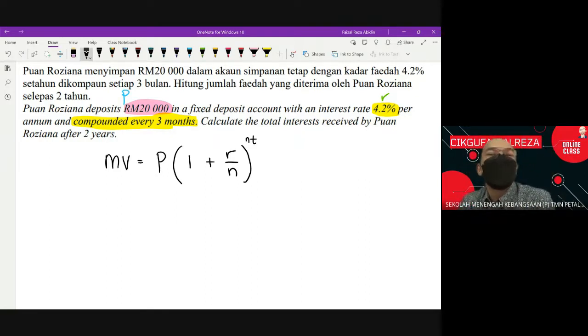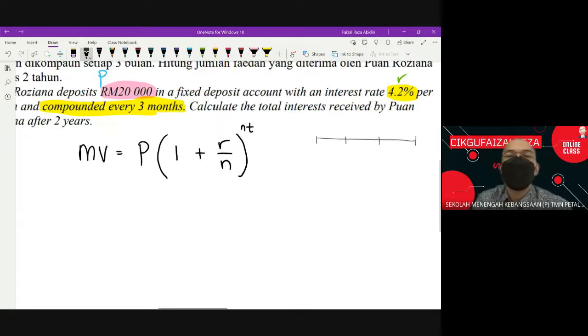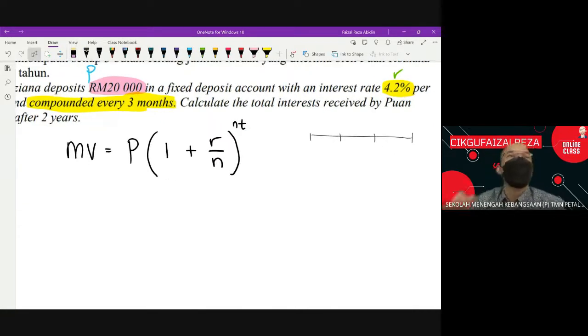If you just put 3 here, 12 over 3, you have 1 year, so it's going to be 4 parts, isn't it? 12 months divided by 3, you are going to get 4. This is your N.